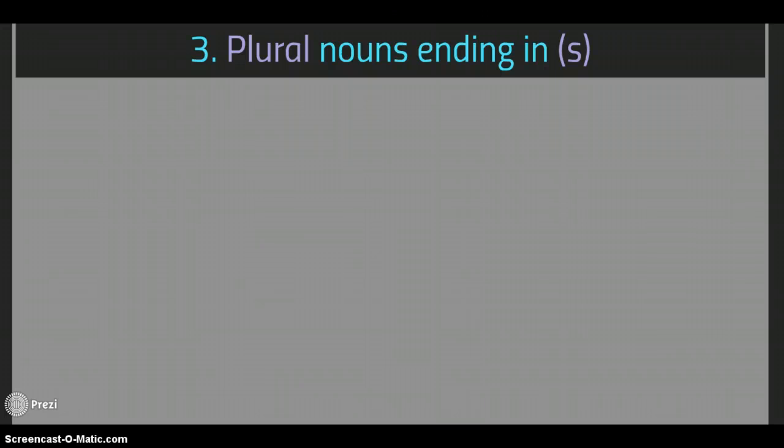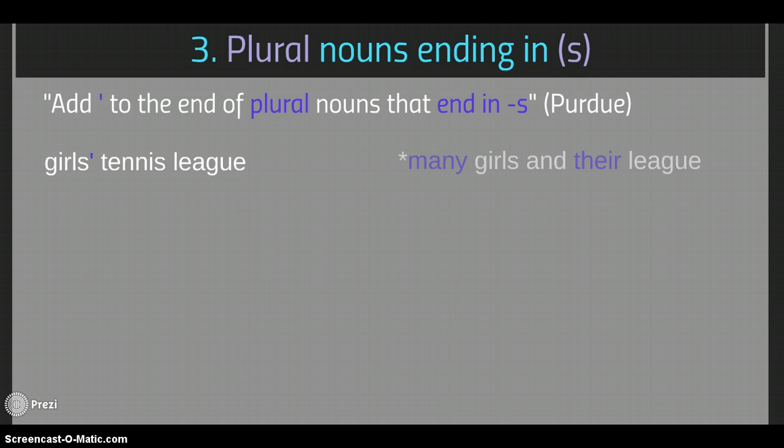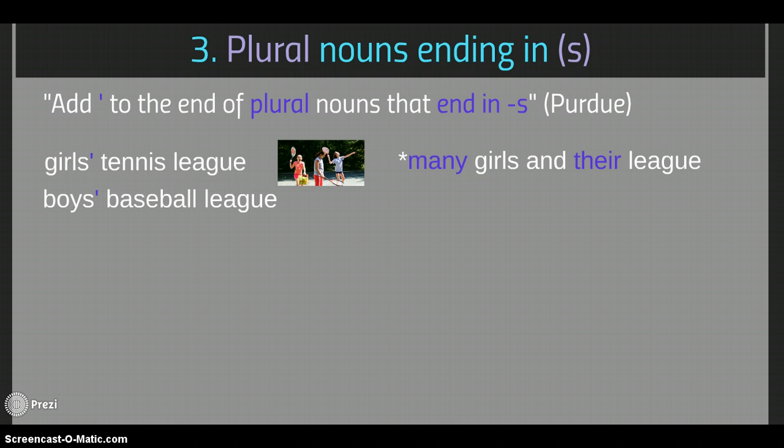Third, now we're going to talk about plural nouns that do end in an S. These will require us to add an apostrophe to the end of the plural nouns that end in S. So the Girls' Tennis League, here we have many girls and we're talking about their league. So we're going to put an apostrophe just after the letter S. The Boys' Baseball League.